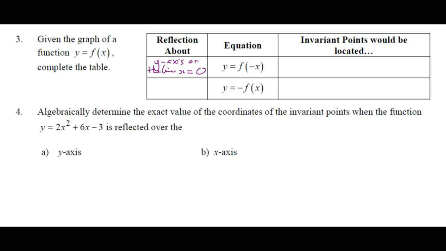Now, where are the invariant points? If I said, describe to me where the invariant points are, what would you say? They are on x equals 0, so they're on the y-axis.